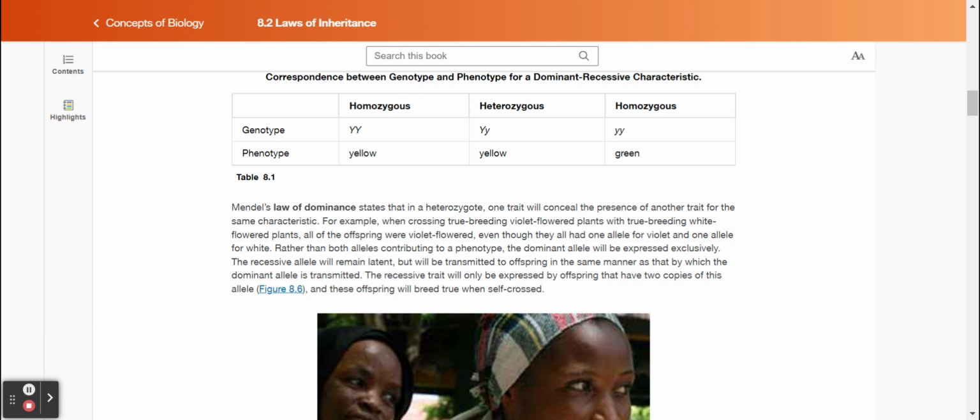Rather than both alleles contributing to a phenotype, the dominant allele will be expressed exclusively. The recessive allele will remain latent, but will be transmitted to offspring in the same manner as that by which the dominant allele is transmitted. The recessive trait will only be expressed by offspring that have 2 copies of this allele, and these offspring will breed true when self-crossed.